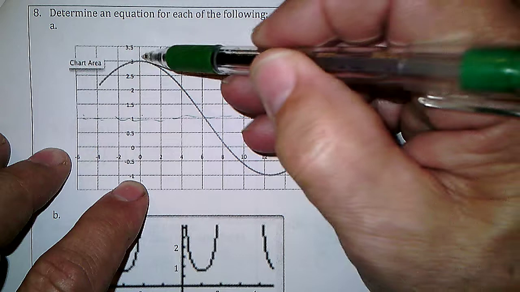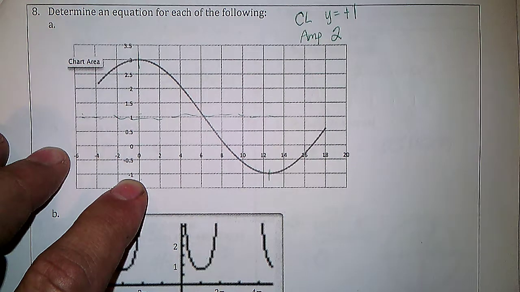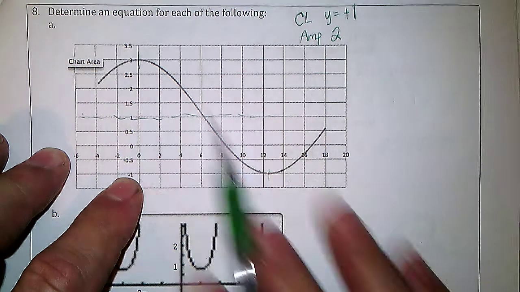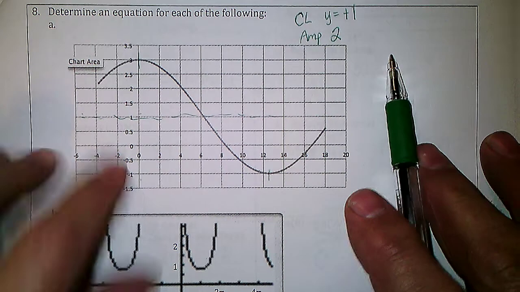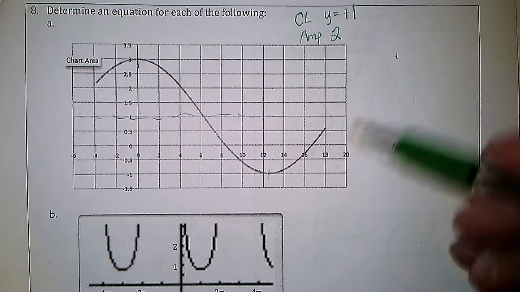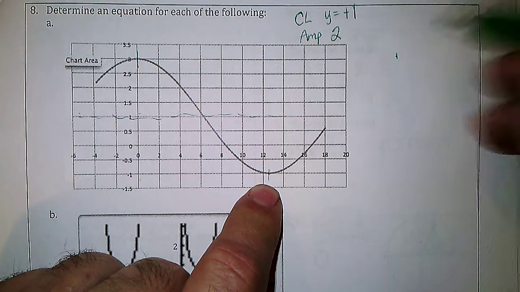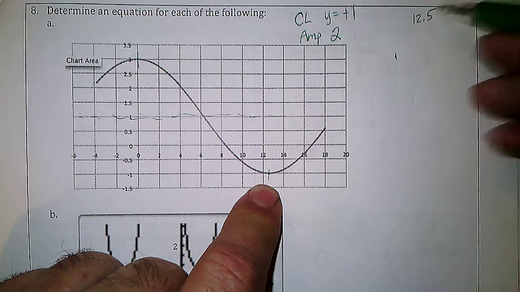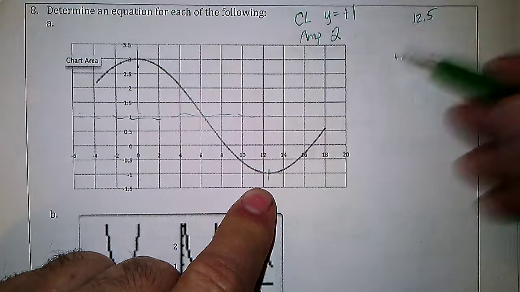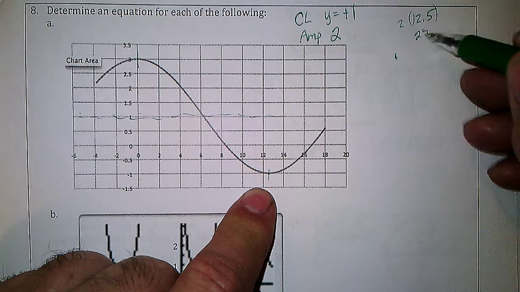And several people said the period goes from here to there. But that's only half a wave. The rest of it, to get back up to where it can repeat, is going to be up here someplace. If this is half of it, and it looks like it's about 12 and a half, the whole period is going to be twice this, which is 25.